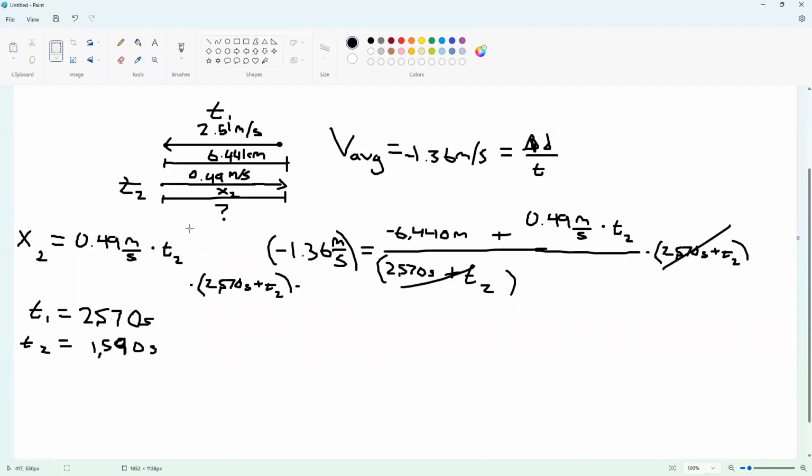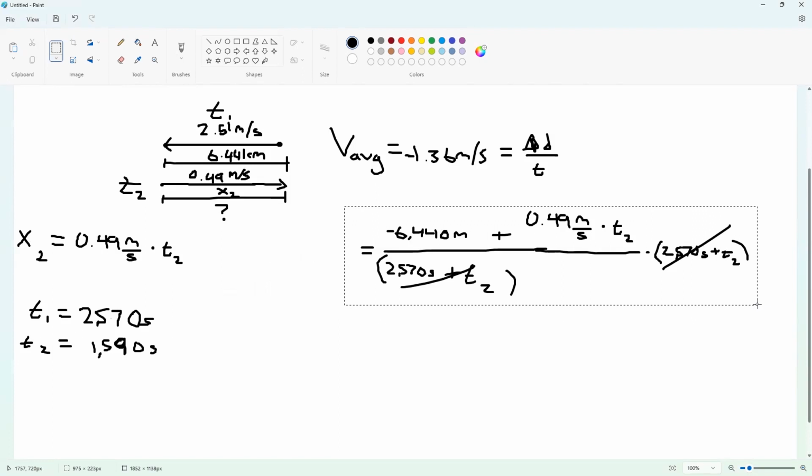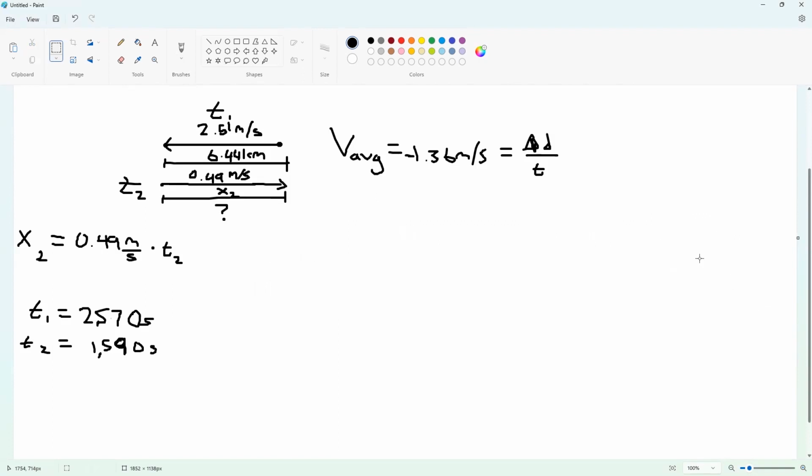Algebra manipulation. Oh my God. Yes. I don't know how you figured this out in an hour if you didn't already know how to do that, to be honest.